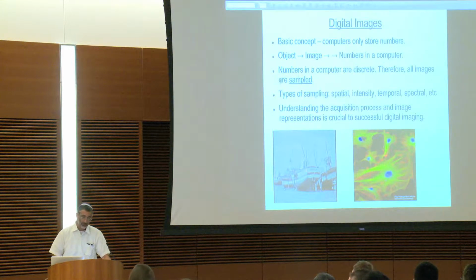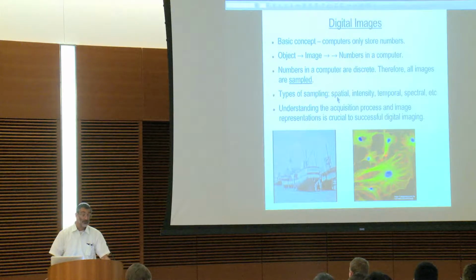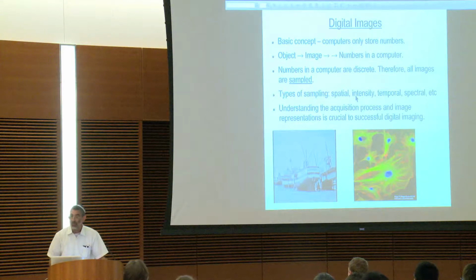Now the numbers in the computer are discrete, so all your images are sampled. Sampling means there's the concept of the pixel, which is what we'd call spatial sampling, and intensity sampling, which is the number of bits in the image. People talk about an 8-bit image or a 16-bit image. 8 bits are 256 levels, since 2 to the 8th is 256, and the maximum value is 255.